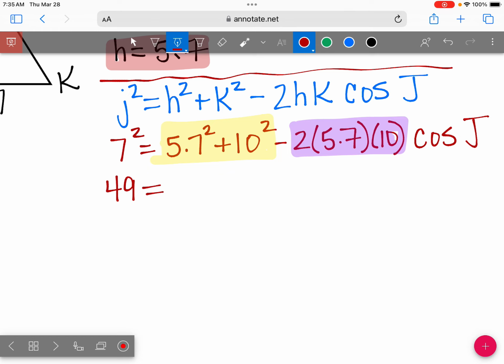When I did it, I rounded to the hundreds place, so my answer is a little different. Okay, yep. So I'm not gonna round it, I'm just gonna write the whole thing, 132.49. Minus, now let's take 2 times 5.7 times 10, and you should get 114 times the cosine of J.